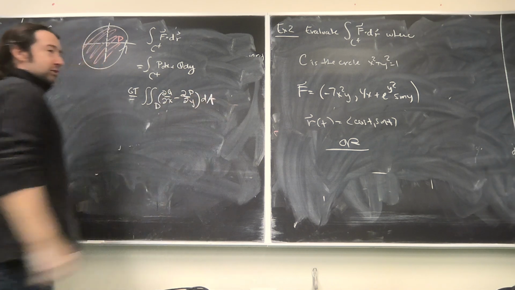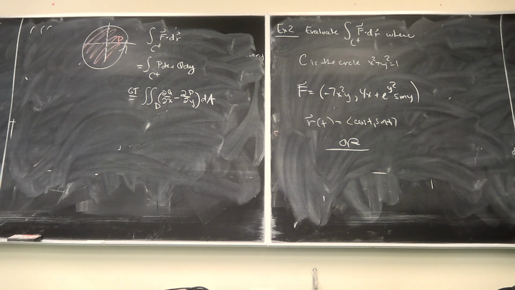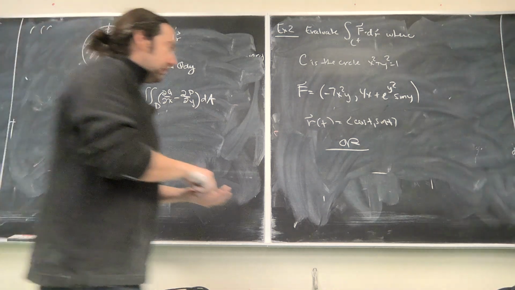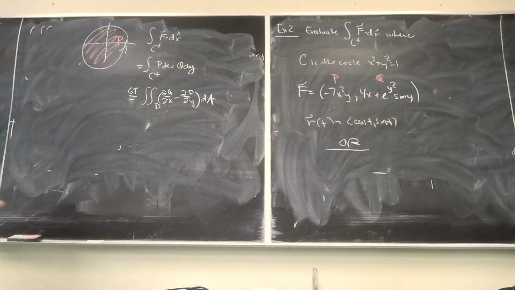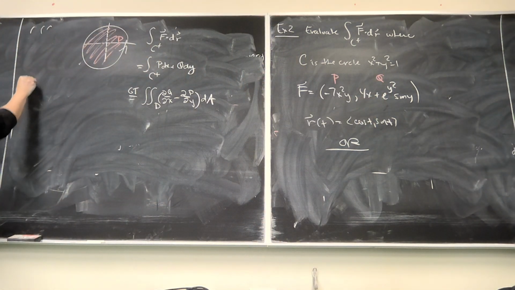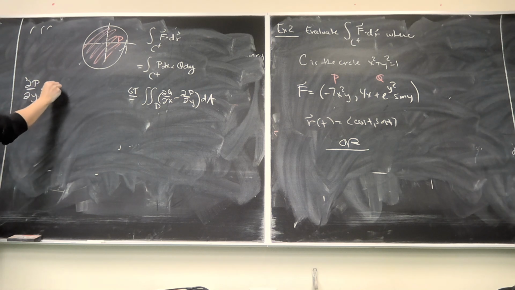And if your math professor is a nice guy, on an exam question, you're really hoping that that dQ/dx minus dP/dy turns out to be really nice. So if I read off P and Q from the vector field, dP/dy is equal to minus 7x squared, I think.